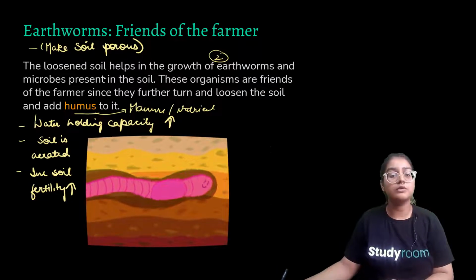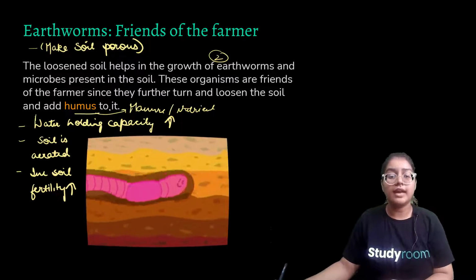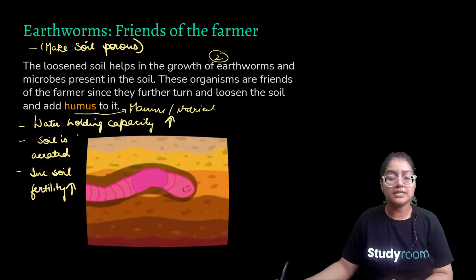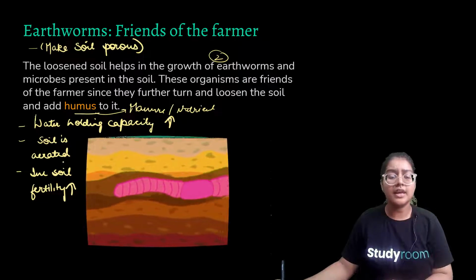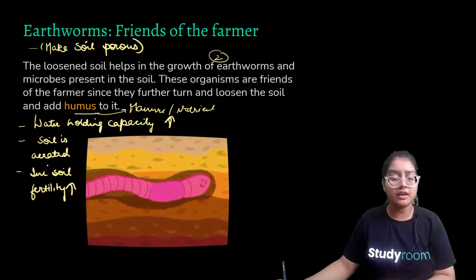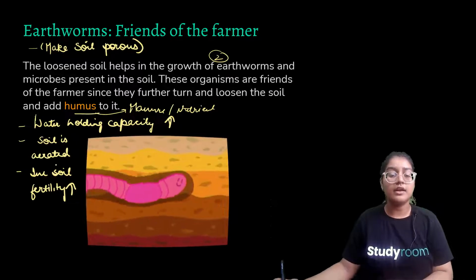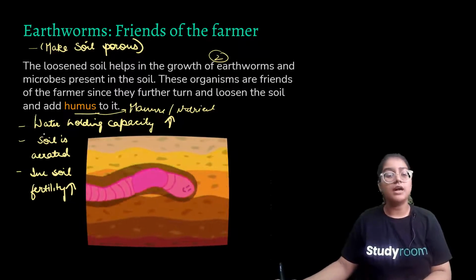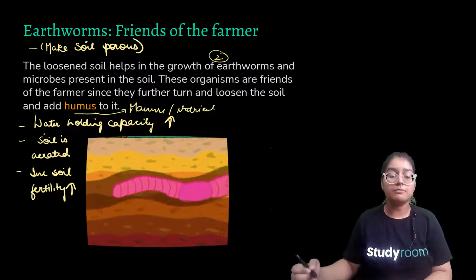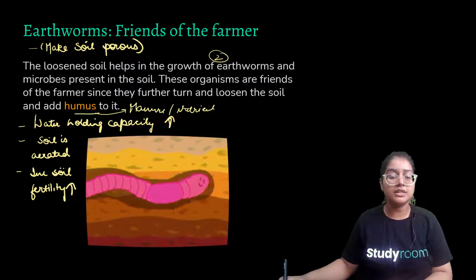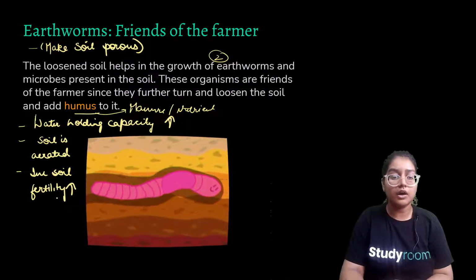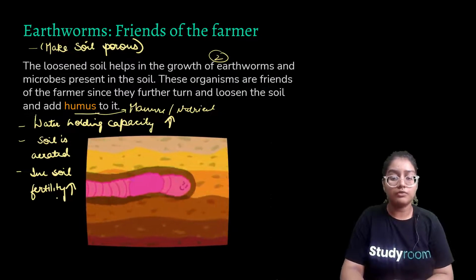What does an earthworm do? It makes soil porous, it adds humus, it increases the water holding capacity, and the soil is aerated. Aerated means it traps air. If our soil has air spaces, our plants can breathe easily, and then soil fertility increases. Hence we call earthworms the friends of the farmer.